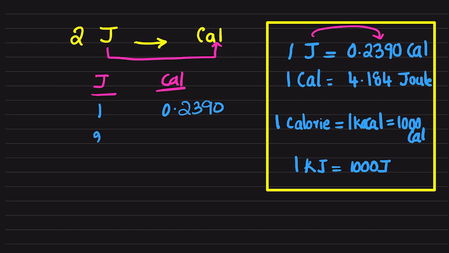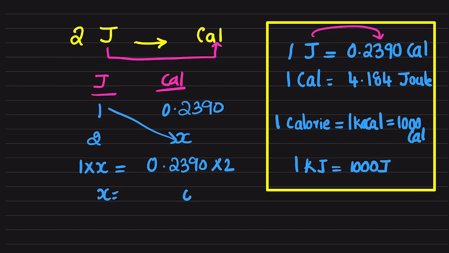So 2 joule equals, take it as x, cross multiplying. 1 times x equals 0.2390 times 2, which is equal to 0.478. That much cal.